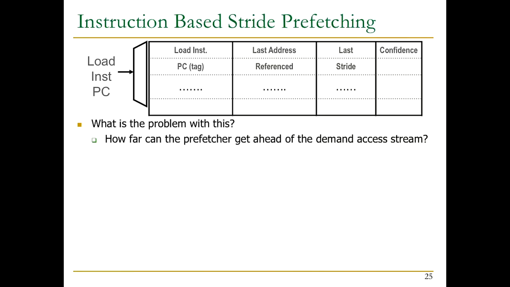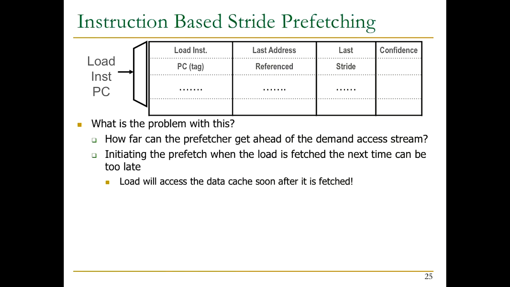If you're only looking at the last address reference and adding the stride to it, because you're initiating the prefetch when the load is fetched the next time, this can be too late, because the load is going to soon access the data cache after that. Right? How many cycles are you going to save in this prefetch? Remember, we want to prefetch, I don't know, 10 iterations ahead, 12 iterations ahead sometimes, if the memory latency is really long. So there are solutions to it.